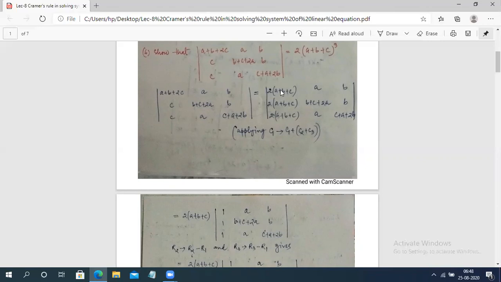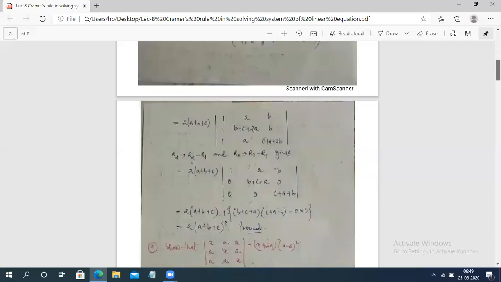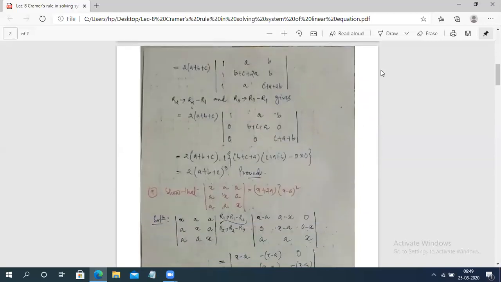Then we'll get the first column as 2 into (a plus b plus c). The second column, c plus b plus c plus 2a plus b, that means 2 into (a plus b plus c), and third column also we are getting 2 into (a plus b plus c). So in the first column, this 2 into (a plus b plus c) term is common, so take it outside and we will have this determinant.